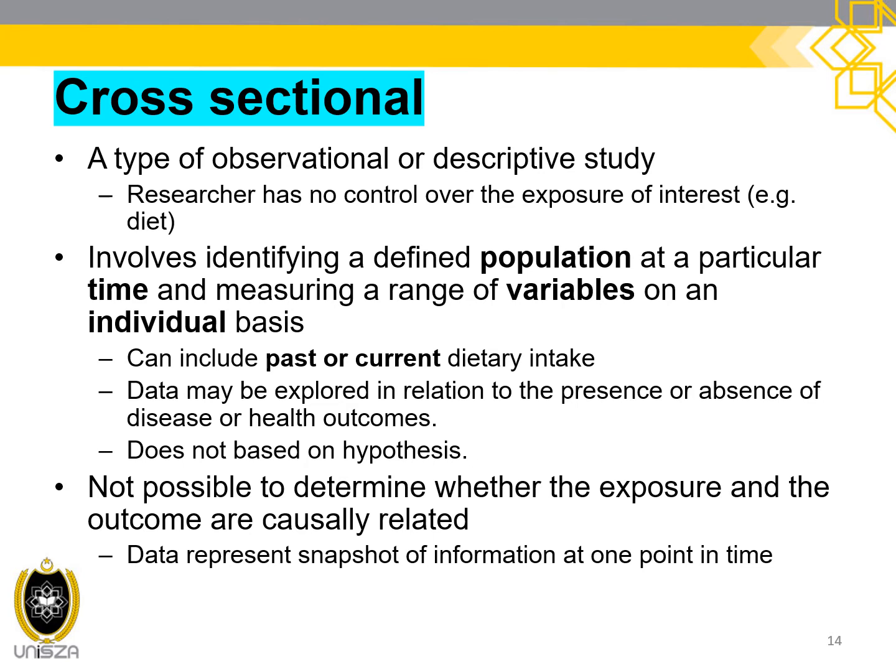Cross-sectional study design is not based on hypotheses. Therefore, it is not possible to determine whether the exposure and the outcome are causally related because the data represent a snapshot of information at one point in time.